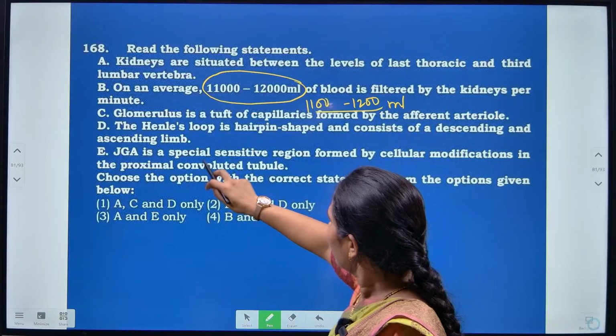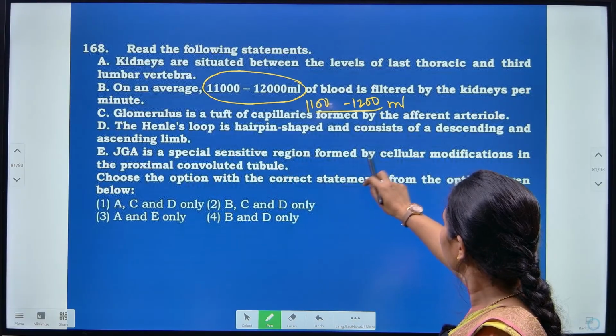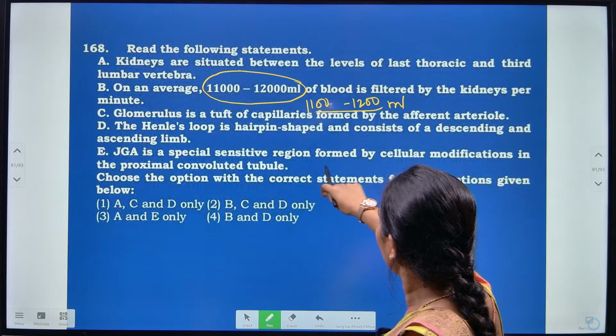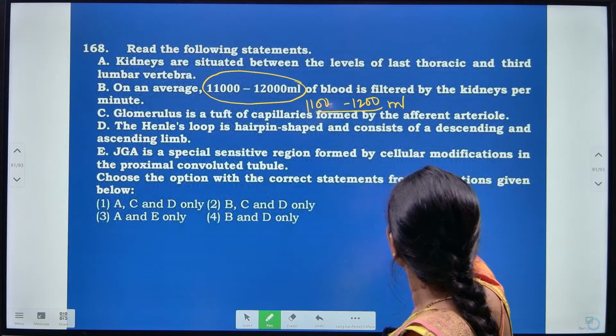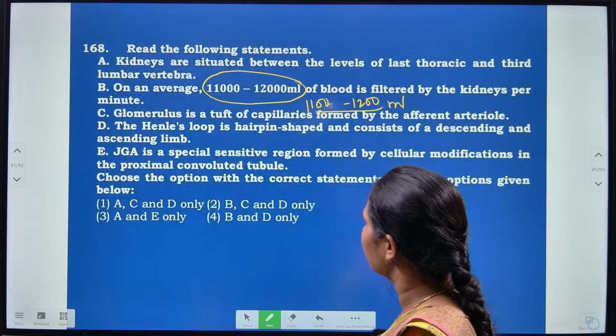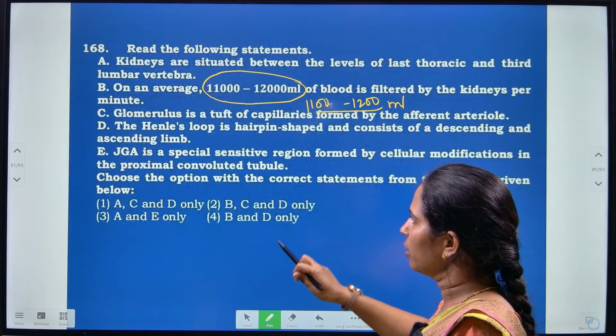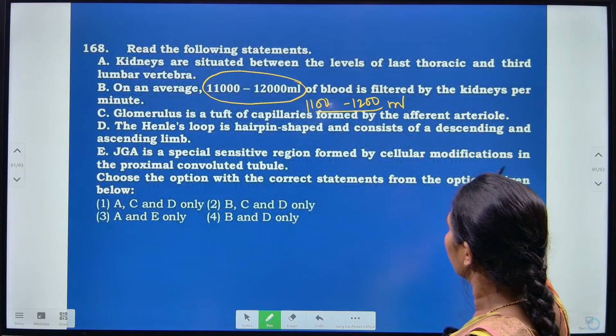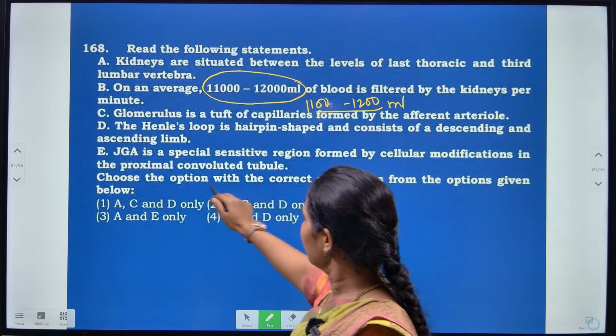Glomerulus is a tuft of capillaries formed by the afferent arterioles. The loop of Henle is hairpin shaped and consists of the descending limb and the ascending limb. The juxtaglomerular apparatus is a special sensitive region formed by the cellular modification of the proximal convoluted tubule.